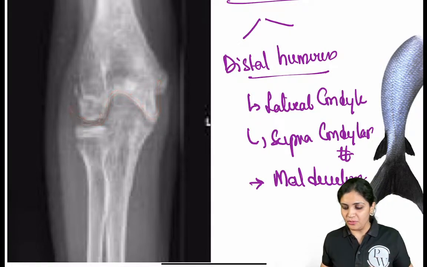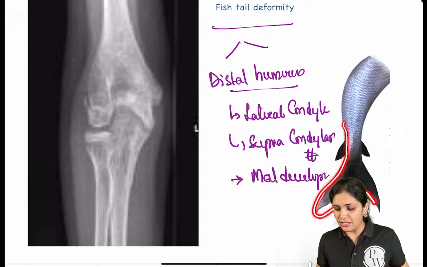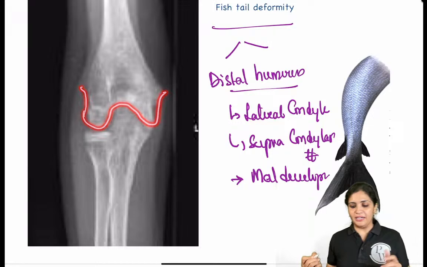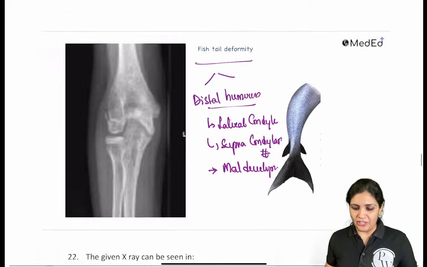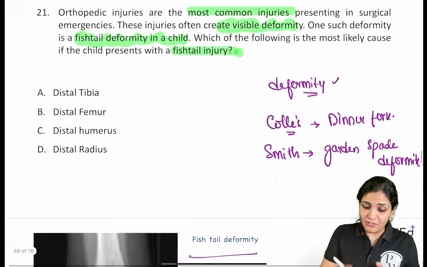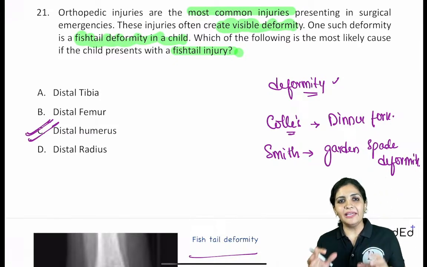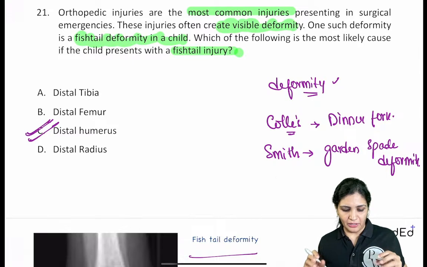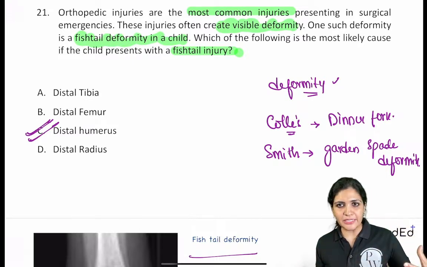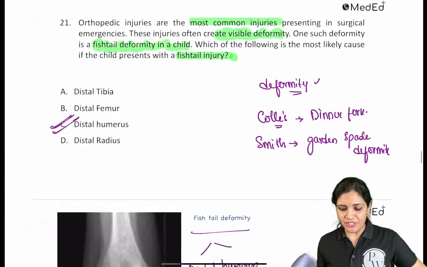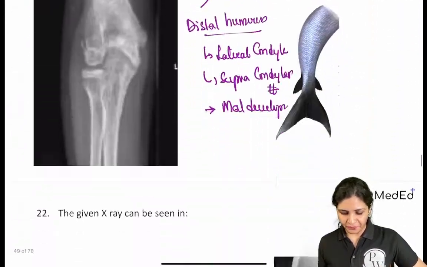So this is the fishtail which we are comparing it to. Usually in children we see this in the distal humerus, with supracondylar fractures or lateral condyle abnormalities presenting as the fishtail deformity, right?